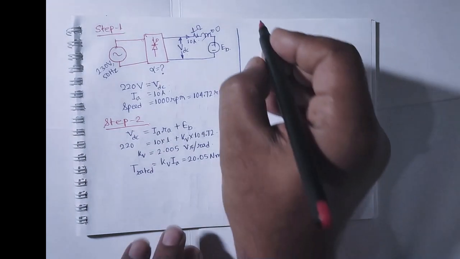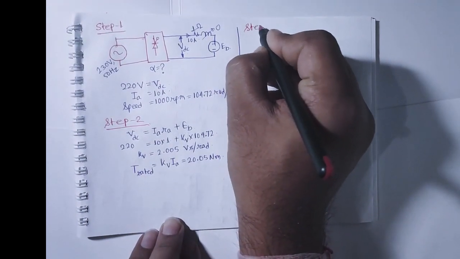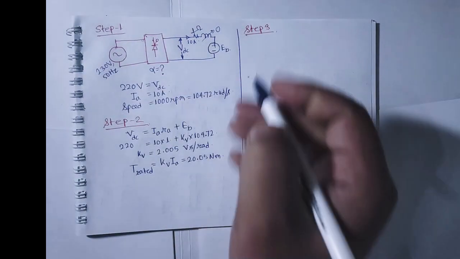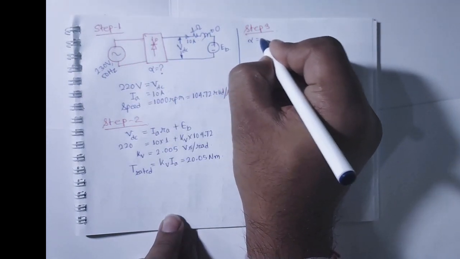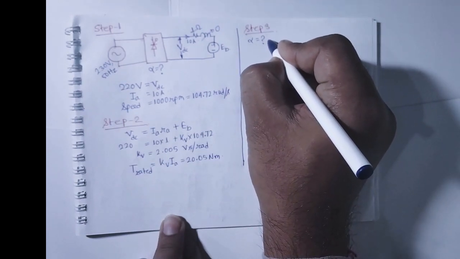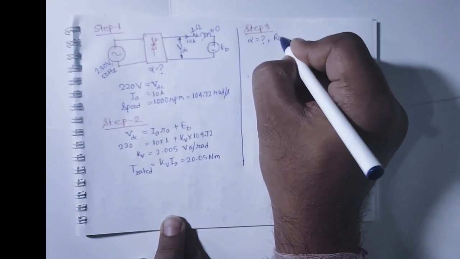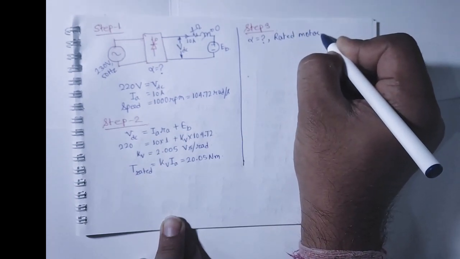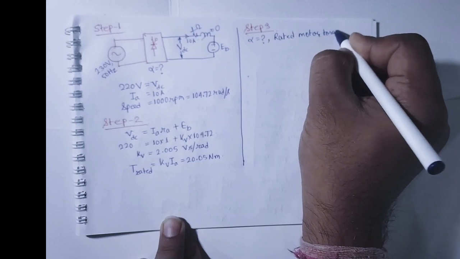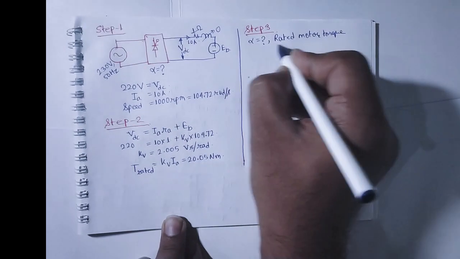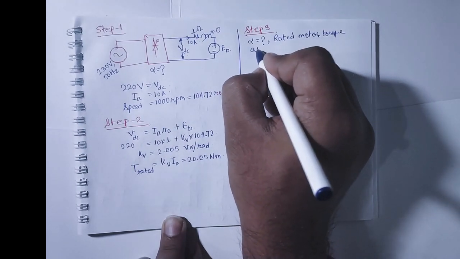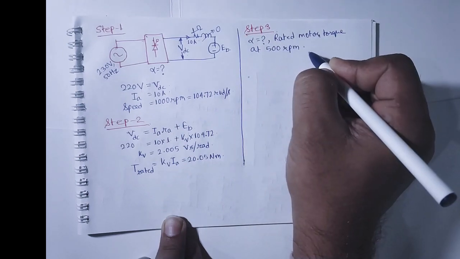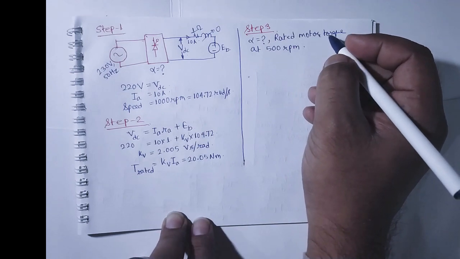Moving to our next step. It is asked what will be alpha when rated motor torque at 500 RPM is applied. Here two things are important.